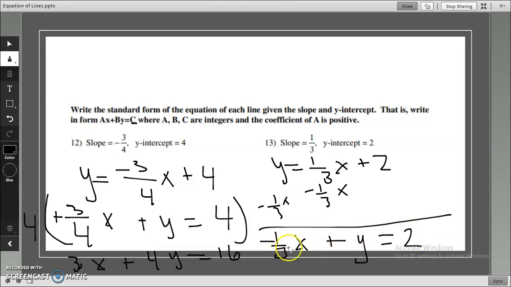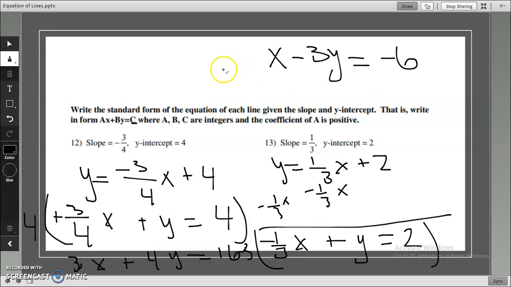Now, first of all, I need to multiply by a negative so that the first term is positive. And I need to multiply by 3 to get rid of that fraction. So I'm going to multiply everything by -3. And when I do that, I get positive x minus 3y equals -6. And I hope that this helps.